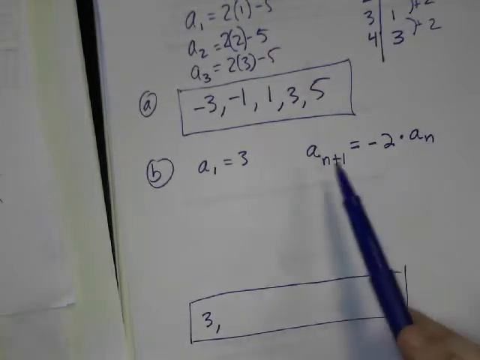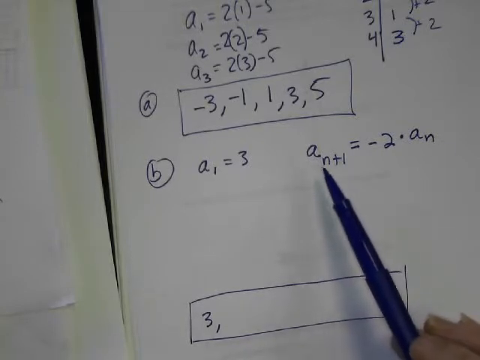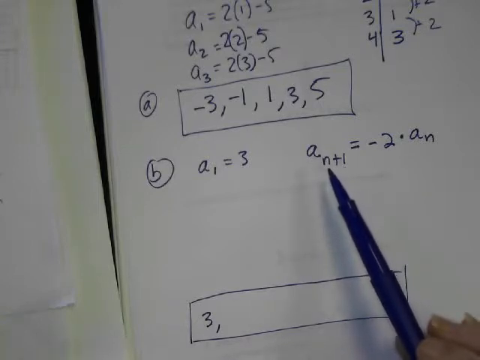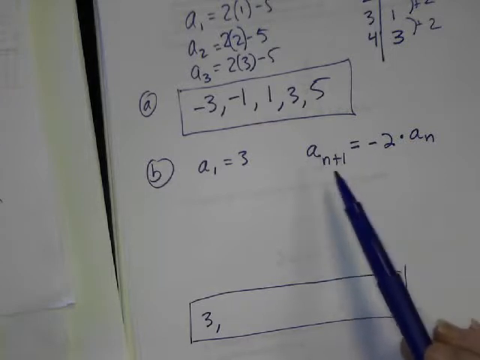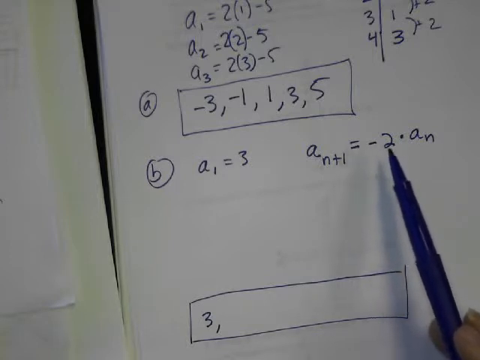No, the n plus 1 thing is, do you remember when we learned about recursive equations? Yes, but all that stuff is confusing. Yeah, it is a little bit confusing. This is saying that if I just want to go from one term to the one right after it, say I'm on the 3rd term, if I want to go to the 4th term from the 3rd term, all I'd have to do is multiply it by -2.